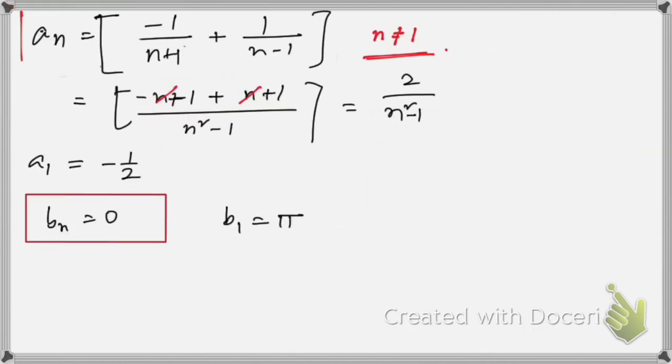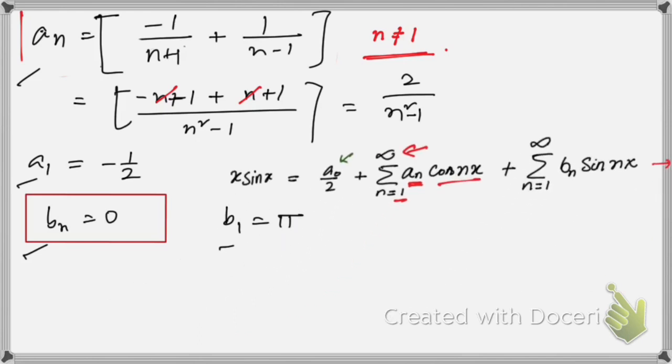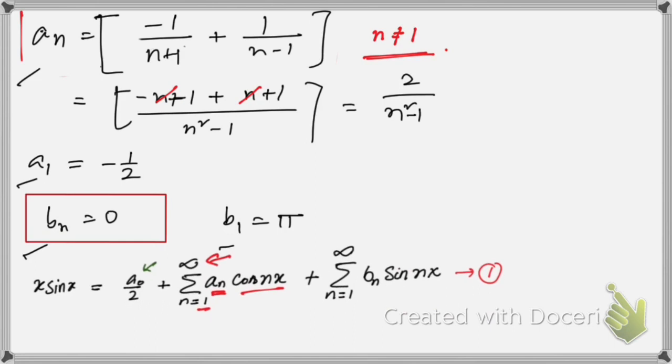Okay, so here is the equation number 1, right? Now let me use all those values of an, a1, bn, b1 in equation number 1. So let me write the equation somewhere. Let me keep it here.